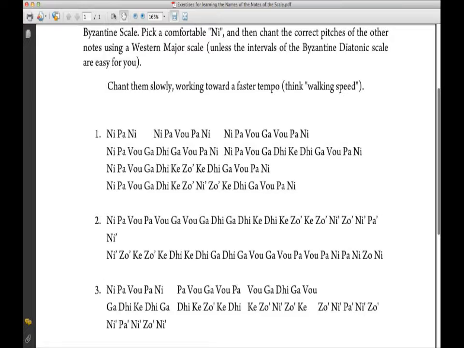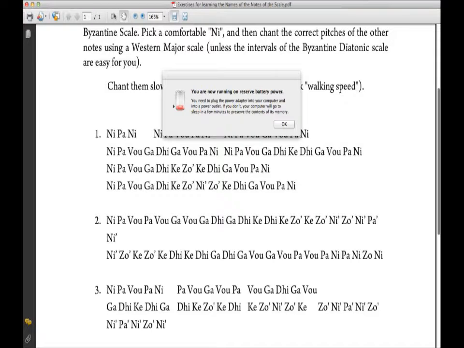Ni pa vo pa ni pa vo ga vo pa vo ga di ga vo ga di ke di ga di ke zo ke di ke zo ni zo ke zo ni pa ni zo ni pa ni zo ni.